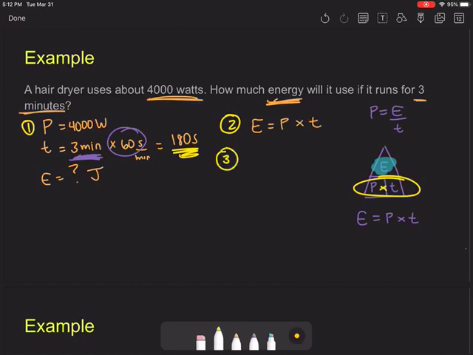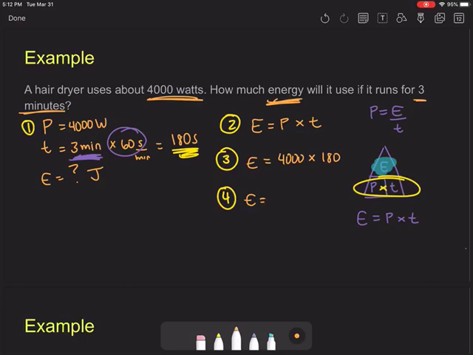Step 3, I plug in the values that I know. So instead of P, I'm going to write 4,000. And instead of T, I'm putting in 180, not that 3, because I can't use minutes in my equation. Last but not least, I multiply with my calculator: 4,000 times 180.